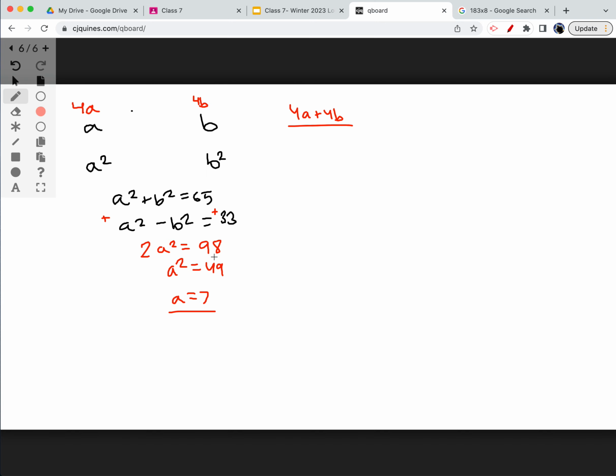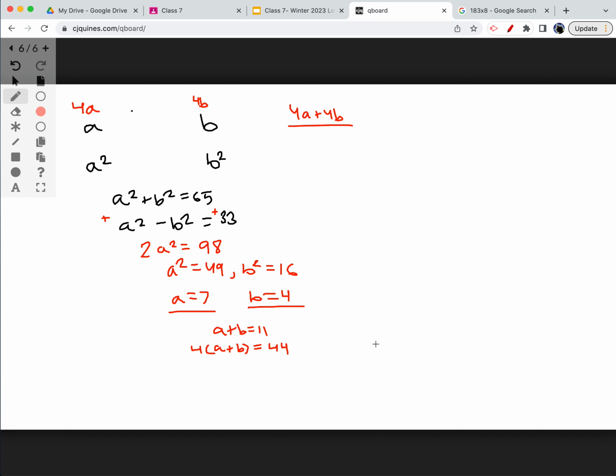Then if we substitute A squared equals 49 into the original equation, we get B squared is equal to 16, which means B is equal to 4. So that means A plus B is equal to 11. So 4 times A plus B is just 44.